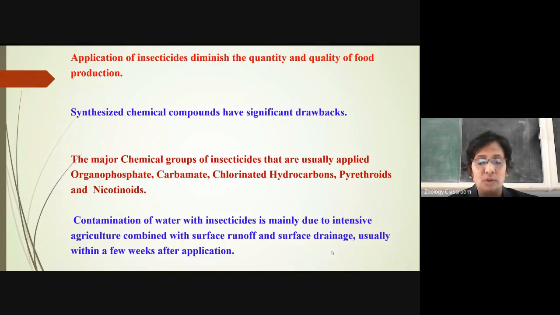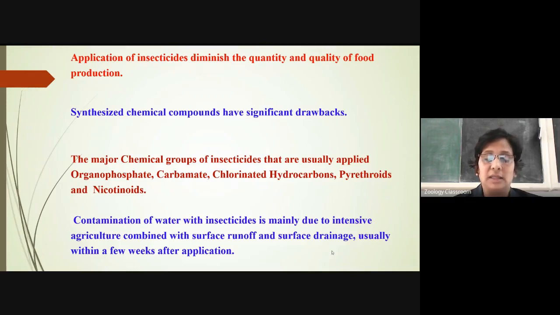Okay, so these insecticides are used for the control of a variety of insectivorous as well as herbaceous pests that diminish the quality and quantity of food production. So in that also, fishes are particularly sensitive to environmental contamination of the water.